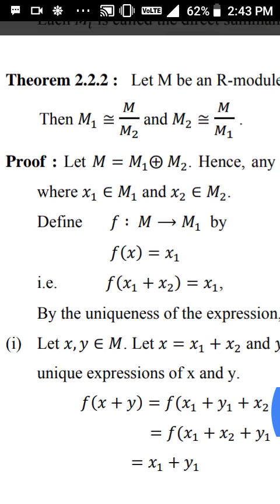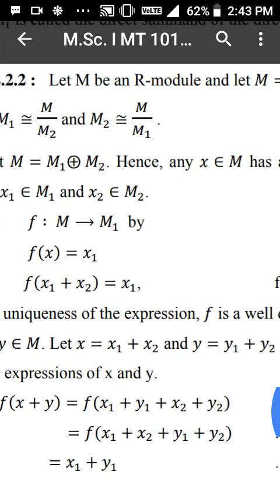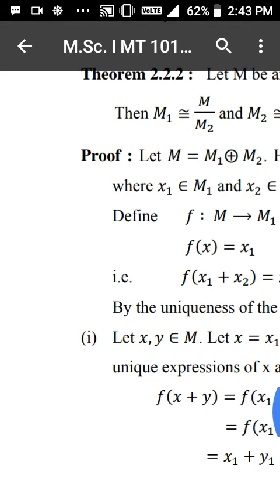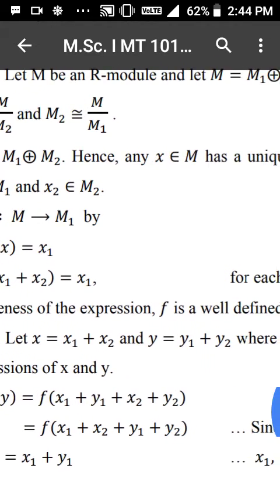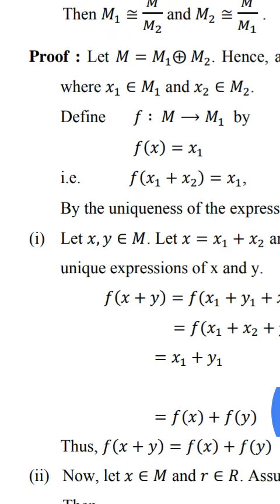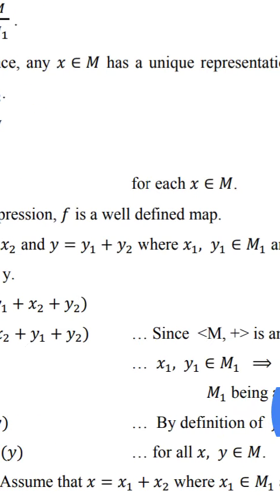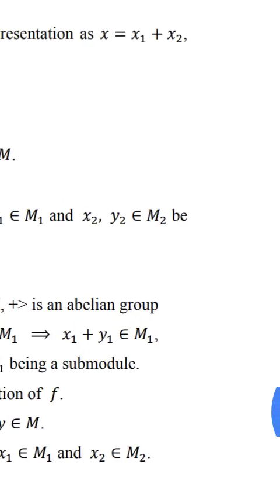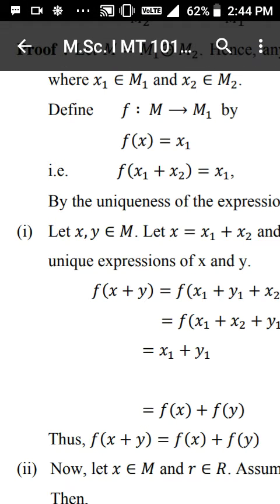Define f from M to M1 by f of x is equal to x1, that is f of x1 plus x2 is equal to x1 for each x belongs to M. By the uniqueness of the expression, f is a well-defined map. Let x, y belong to M and let x is equal to x1 plus x2 and y is equal to y1 plus y2, where x1, y1 belong to M1 and x2, y2 belong to M2, be the unique expressions of x and y.